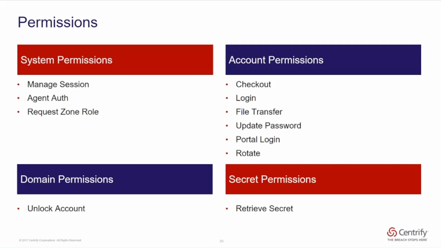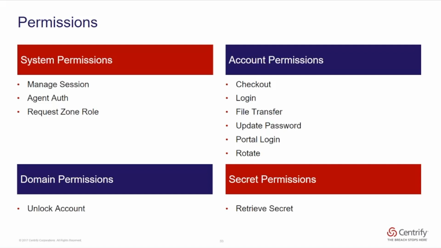The next permission is file transfer. We offer a file transfer permission to allow users, groups, or roles to securely transfer files using secure copy, known as SCP. You can log into a remote system and file transfer using one of those shared accounts if the permission is granted.